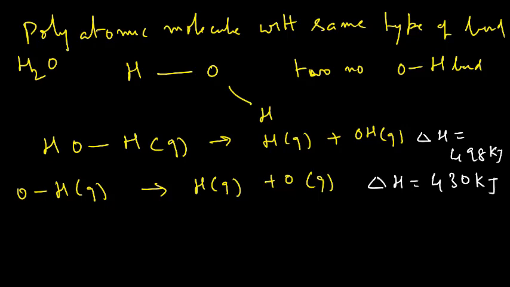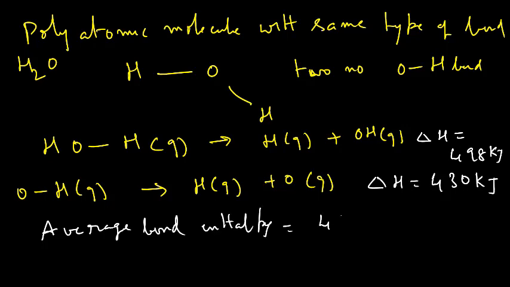Here both the energies are not the same because when the first OH bond is broken, the second one becomes weaker. Therefore, the average bond enthalpy is equal to 498 plus 430 by 2.